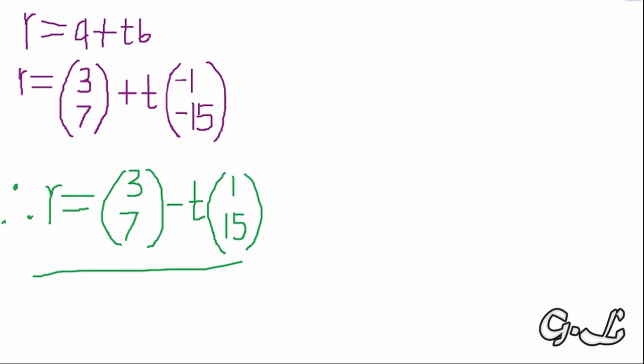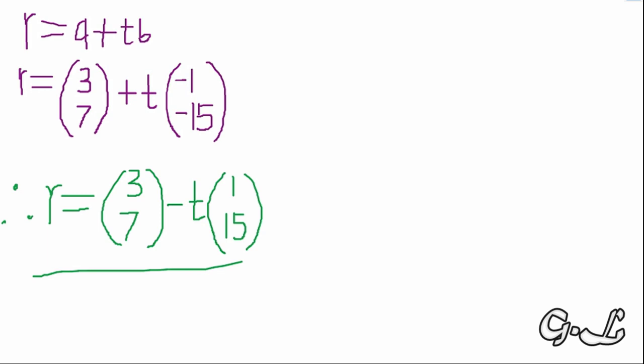So you don't need to worry. This is the vector equation, but there are a number of ways you can represent a vector equation. You can also use the one which has i and j.